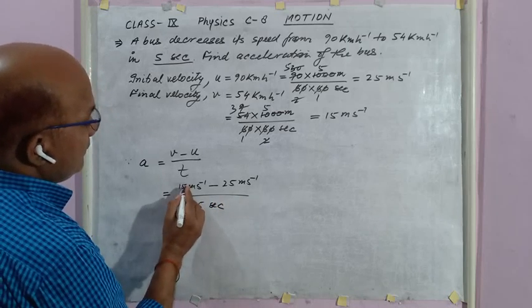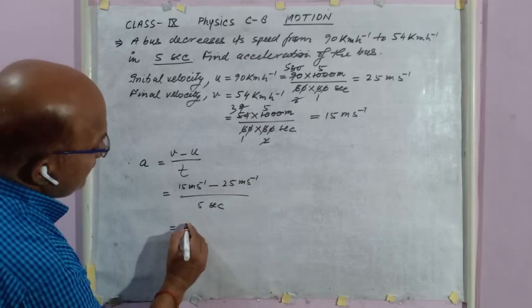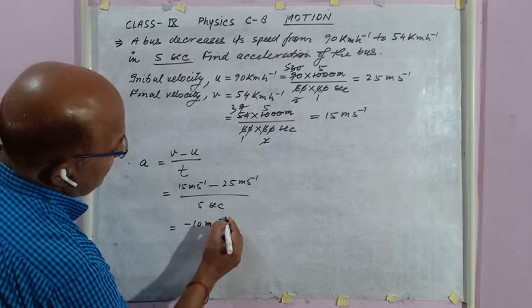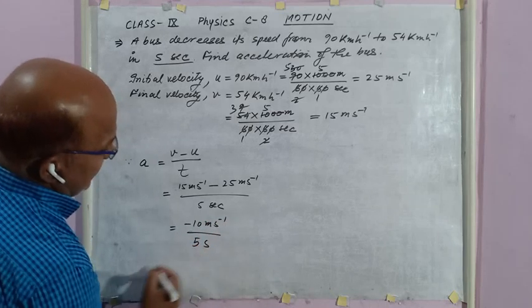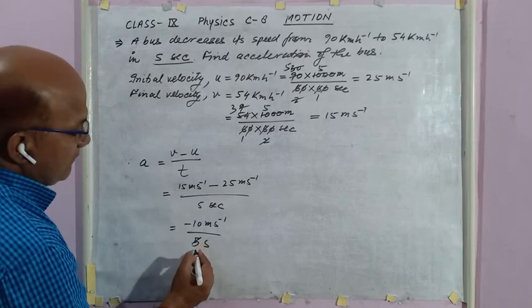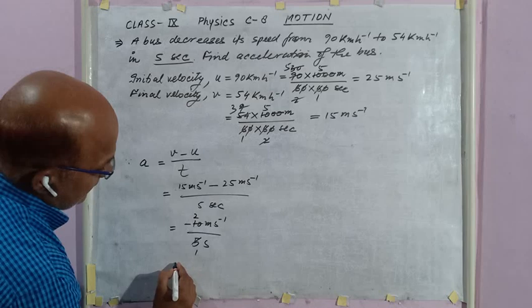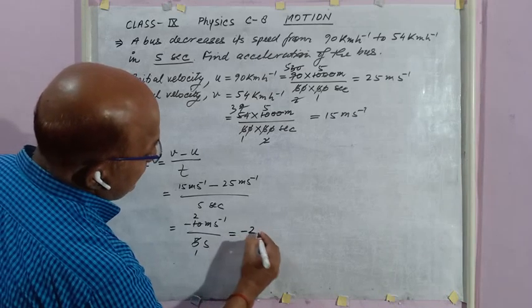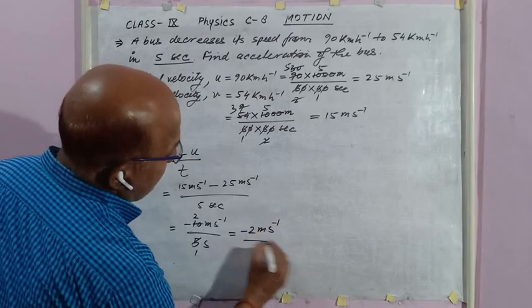So this is 15 meter per second minus 25 meter per second. This is minus 10 meter per second upon 5 seconds. So 5 1s are 5, 5 2s are 10. So this is minus 2 meter per second square.